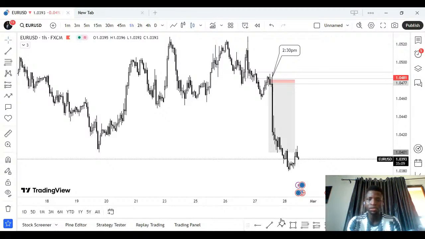What you see on my screen right now is a EURUSD trade that I took yesterday, and you can see the two lines that are supposed to mark my actual entry. You can see that price did not violate that area. The only reason I lost that particular trade is I tried to get into the trade on a confirmation, and quite unfortunately, price still manipulated that confirmation before eventually giving me the sell.